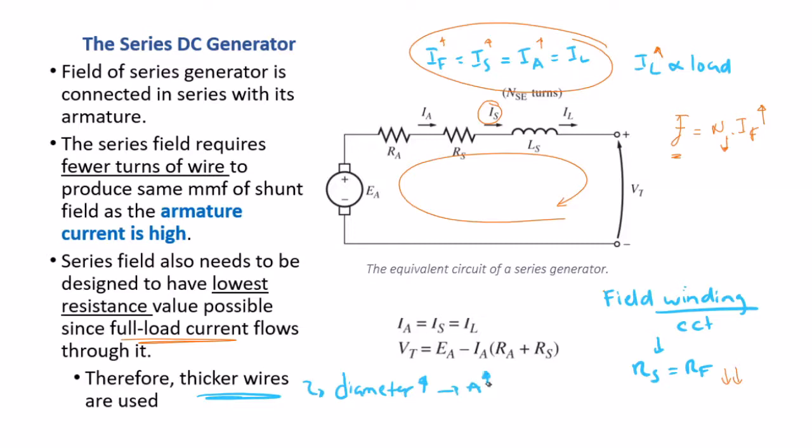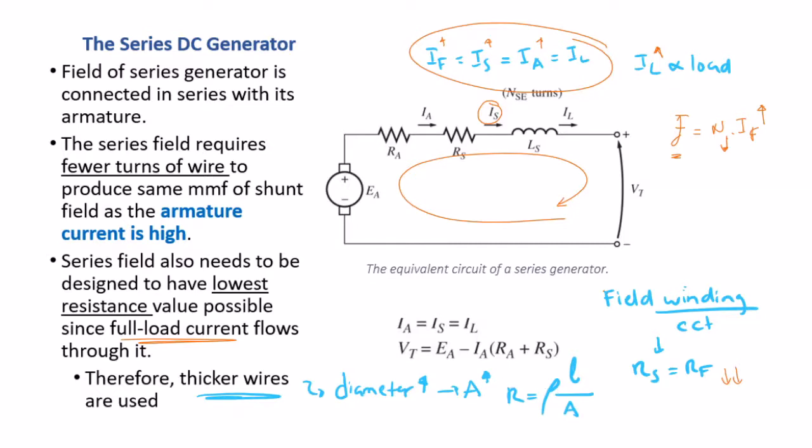And then we've got the equation that resistance is equal to resistivity times the length of the wire divided by the cross-section area of the wire.